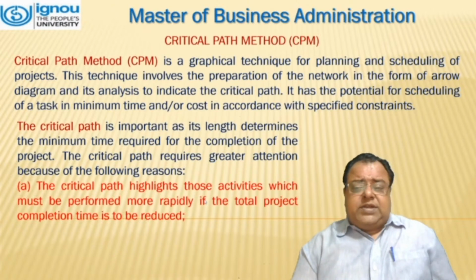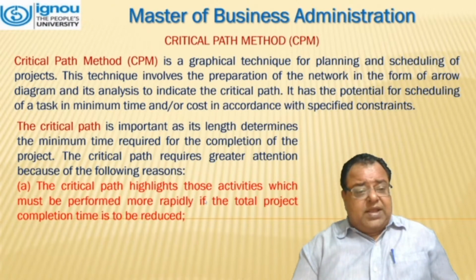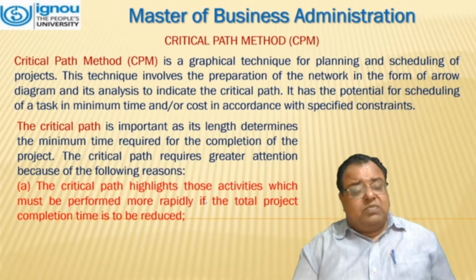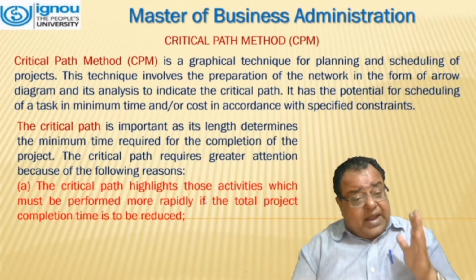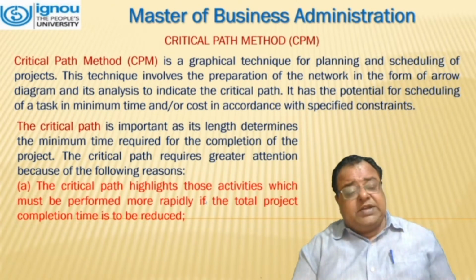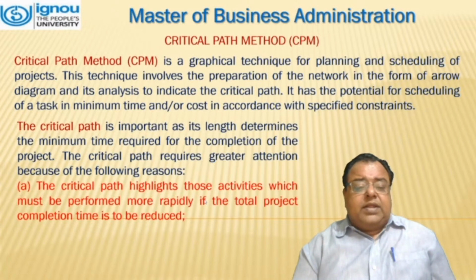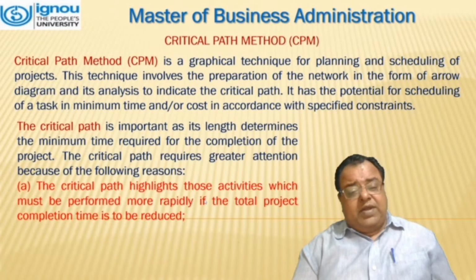It has the potential for scheduling of a task in minimum days and or cost in accordance with the specified constraints. The critical path is important as its length determines the minimum time required for the completion of the project. The critical path requires greater attention because of the following reasons.